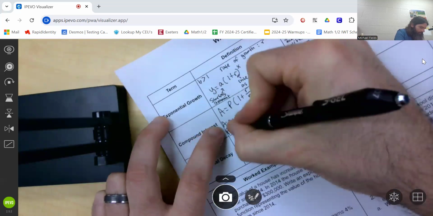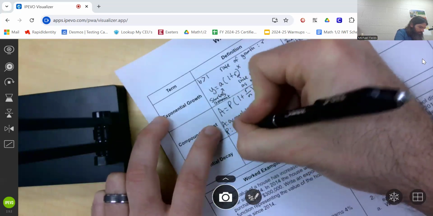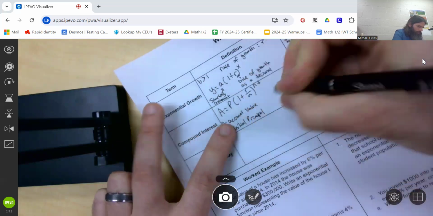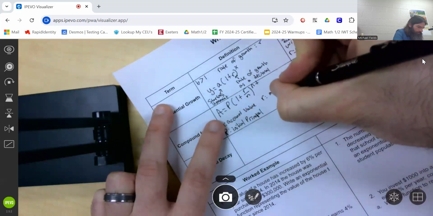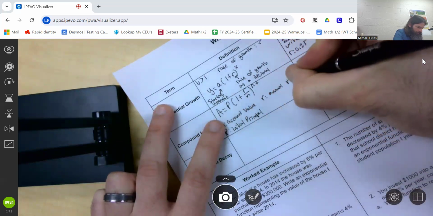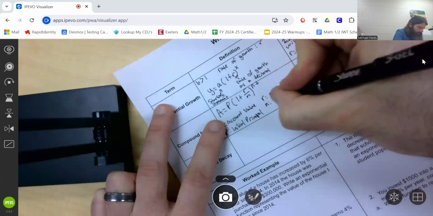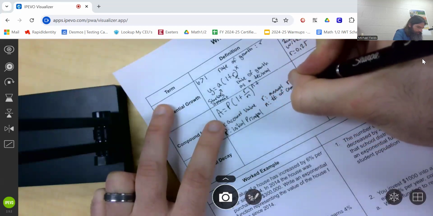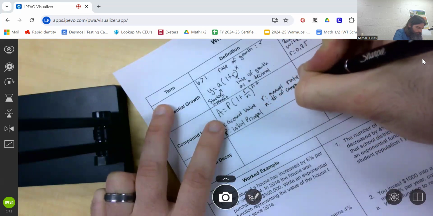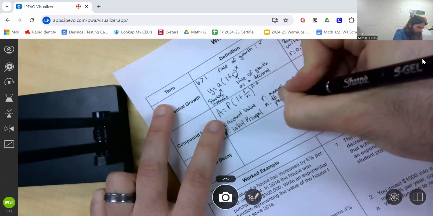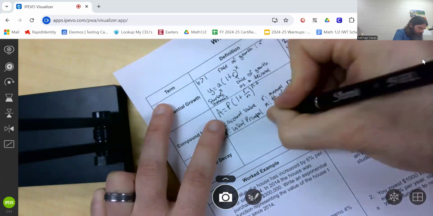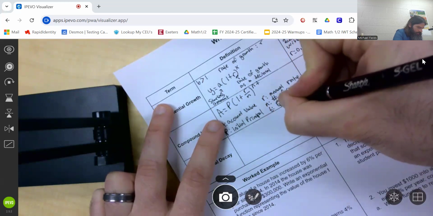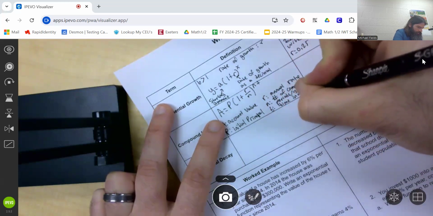P is the initial principal. R is the annual rate. N is the number of compounding periods per year. And T is the time in years.